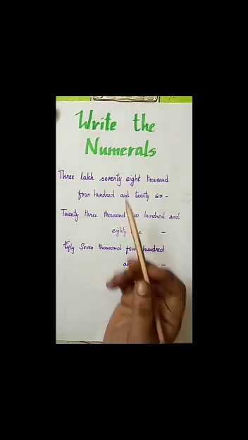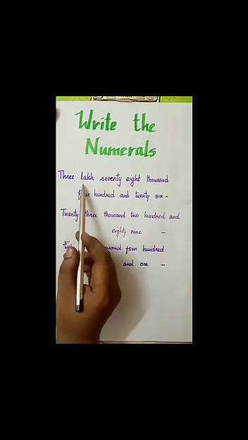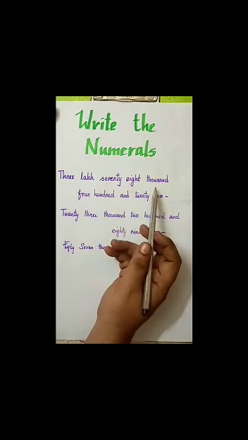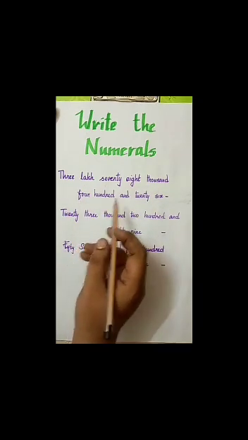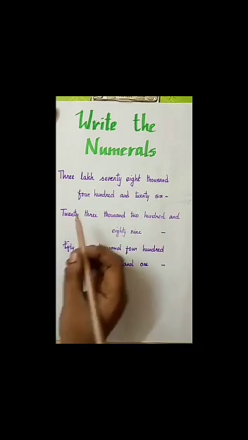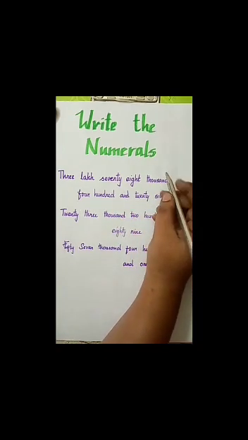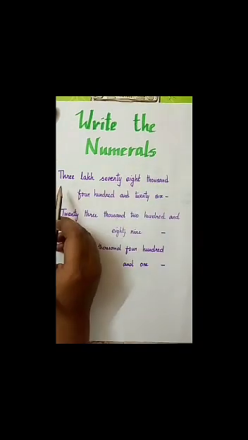So next, write the numerals. The first one is 3,78,426. How to write this? First, we write the place value. The number starts with lakh.